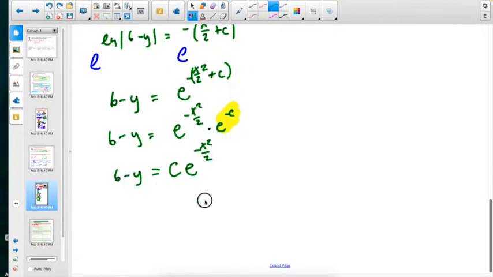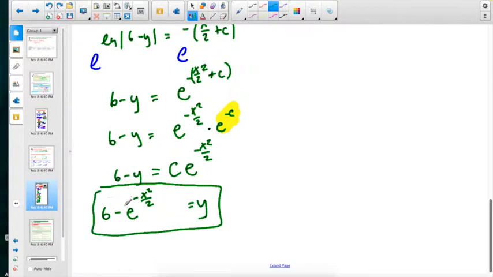So solving for y, I'm going to put y on this side, and so I'm going to bring this whole thing over here. So we have 6 minus c e to the negative x squared over 2. I forgot a c, let me squeeze a c in there. So there's my c, there we go. So there is my general solution.